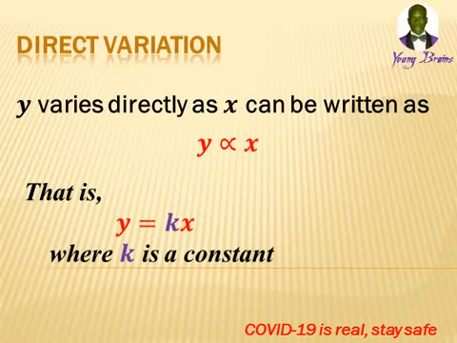By introducing constant k, the proportionality sign will change to equality sign. k is the constant of proportionality. So y equals kx is the relationship between y and x.